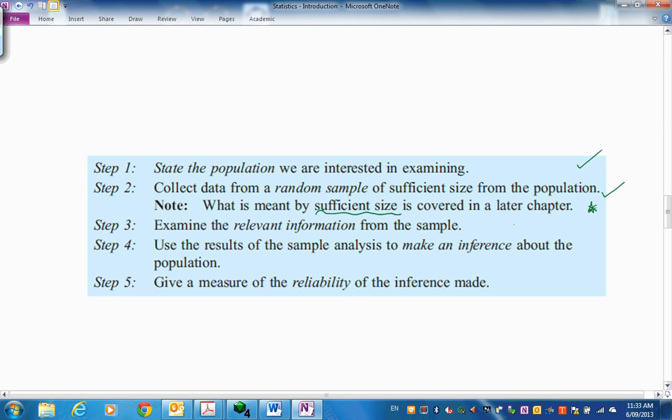Okay. You want to get the relevant information from the sample measurements, usually in what we're going to be doing here, because we're going to be looking at the distribution of continuous variables. Use the results of the sample analysis to make an inference. So what are we going to do? Maybe calculate an X-bar for the average battery life in our sample.